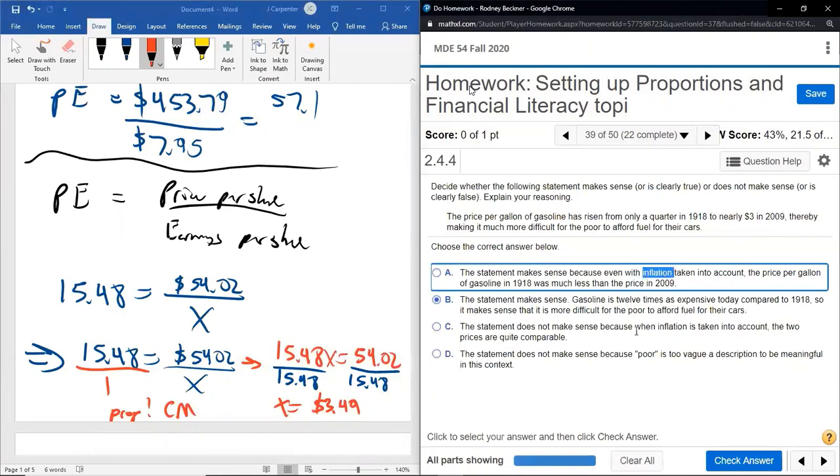C, the statement does not make sense when inflation is taken into account, the two prices are quite comparable. So again, we haven't necessarily looked at prices of things in the past versus now, but I think a lot of you should have at least heard this from your elders or just news passing. Like comic books might have been 10 cents in the 1960s when they were first becoming more widely popular.